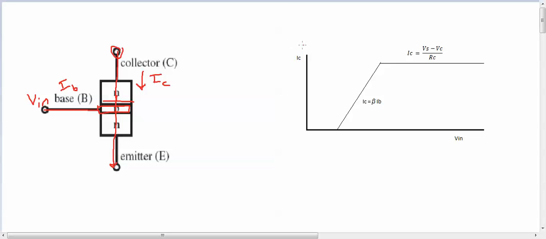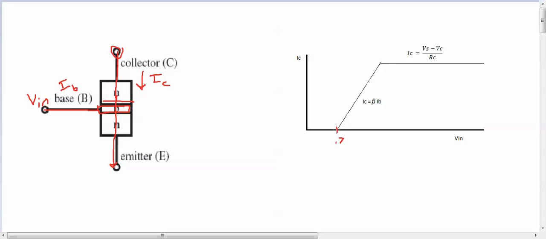And this graph over here is showing how the current going through the collector is a function of the voltage going into the base. At first, we need to be sure we get enough voltage so that we can overcome that resistance, and that's generally about 0.7 volts right there.